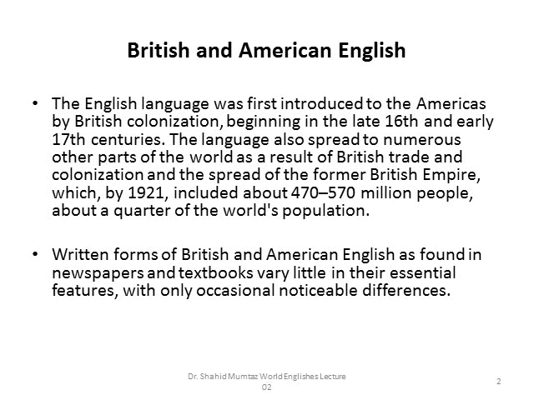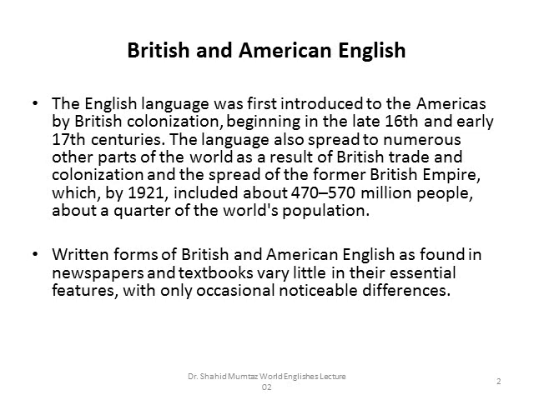The English language was first introduced to the Americas by British colonization beginning in the late 16th and early 17th centuries. Apart from America, the language also spread to numerous other parts of the world as a result of British trade and colonization and the spread of the former British Empire, which by 1921 included 470 to 570 million people, which is about a quarter of the world's population.